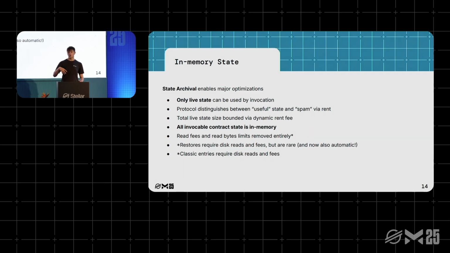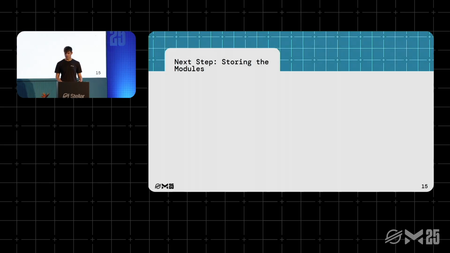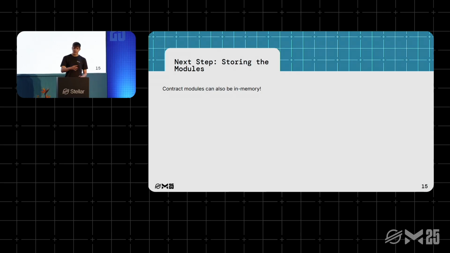And now moving on to our final optimization, which is the in-memory module cache. We can essentially extend the exact same concept from in-memory state to the actual contract modules themselves. For a little bit of background as to what a module is, before execution, your WASM code needs to be parsed and essentially translated into something that can be interpreted by our WASM interpreters, and it can actually be executed.